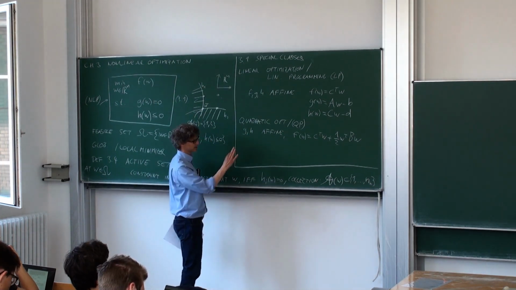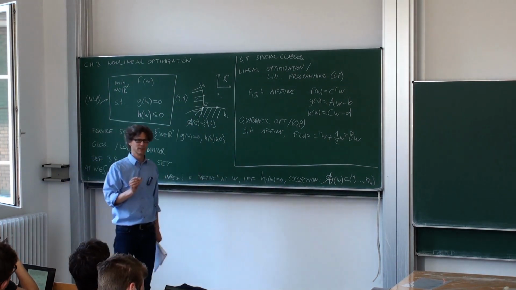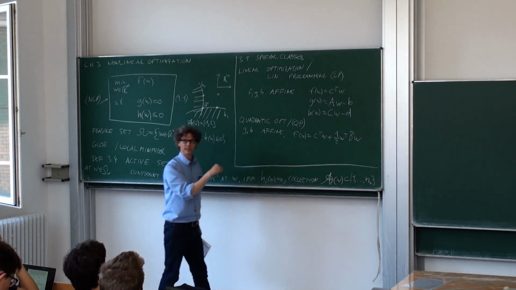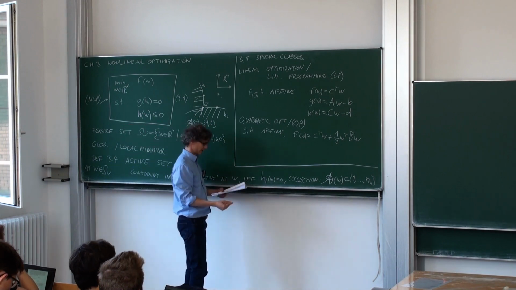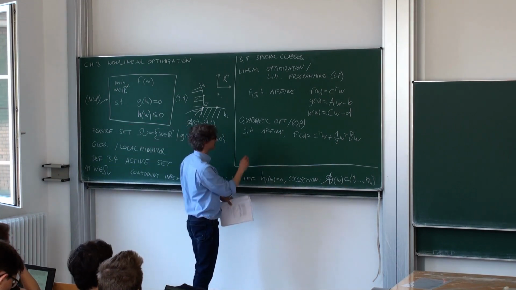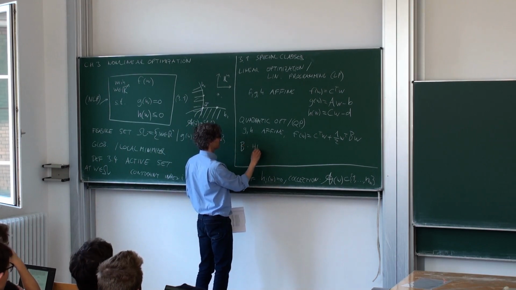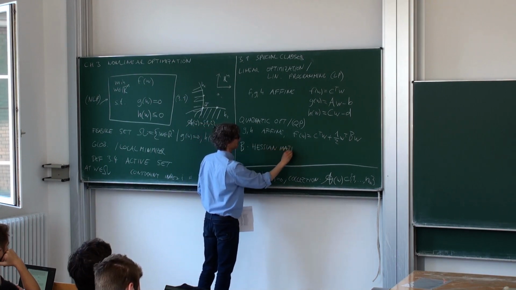And this matrix decides actually about an important property of this problem, namely if it's convex or not. So there exist QPs which are convex, and there exist QPs which are not convex. We will discuss convexity in a minute. But maybe I should already state that this matrix B is called the Hessian matrix. Why is it called the Hessian matrix?